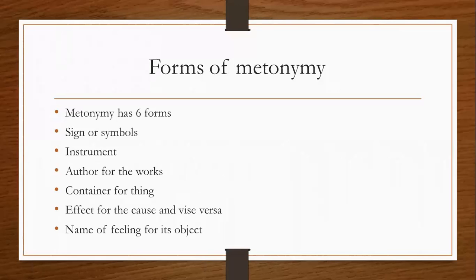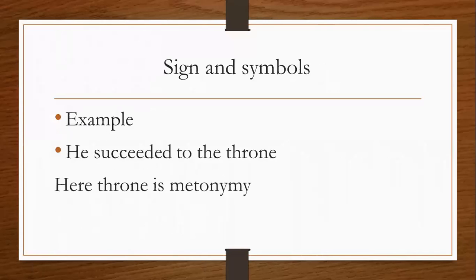First, sir, please next slide. Signs and symbols. In this form of metonymy, we use a sign or symbol for someone or something. We show our feelings with the help of signs and symbols, or we convey our ideas with the help of signs and symbols. Like here, the first example is "He succeeded to the throne."